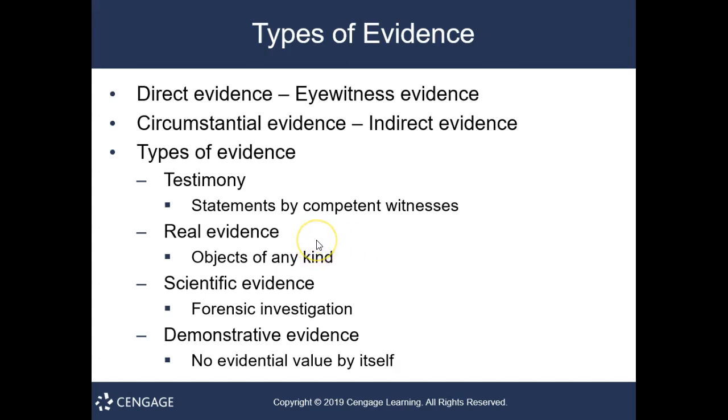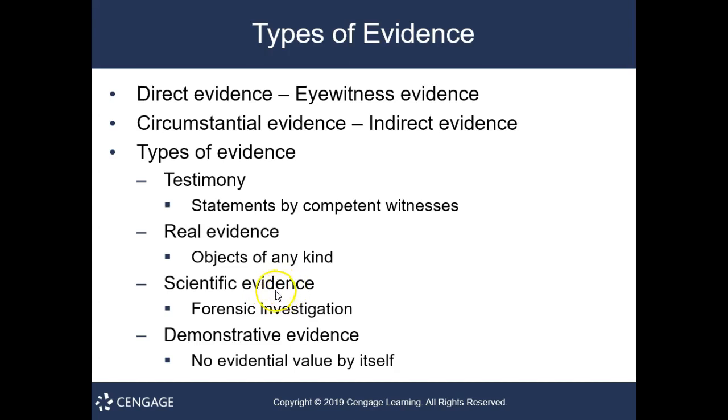We may comb the carpet in a certain area and bring up evidence of tiny little threads that were consistent with what the defendant was wearing that day. So it looks like he may have been there at that time. In essence, if it's physical and it's an object of any kind, it's real evidence.